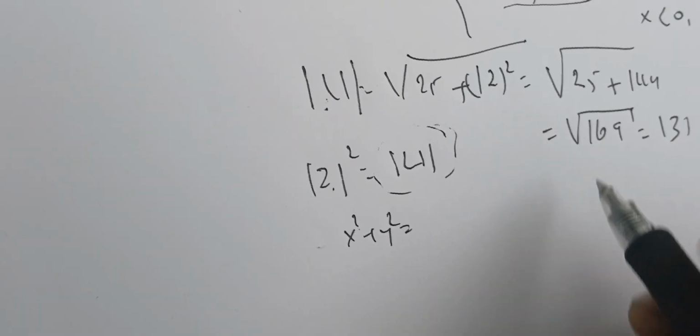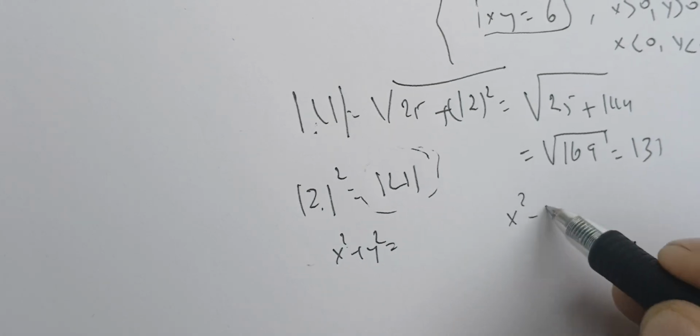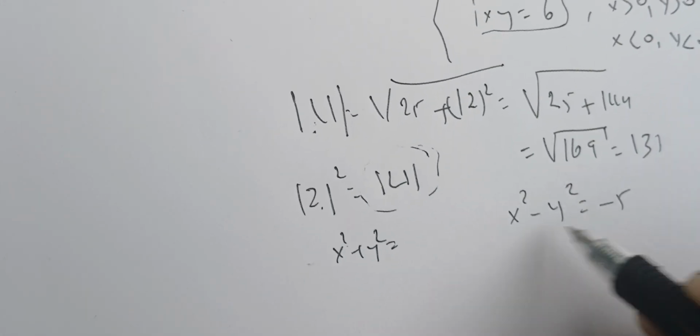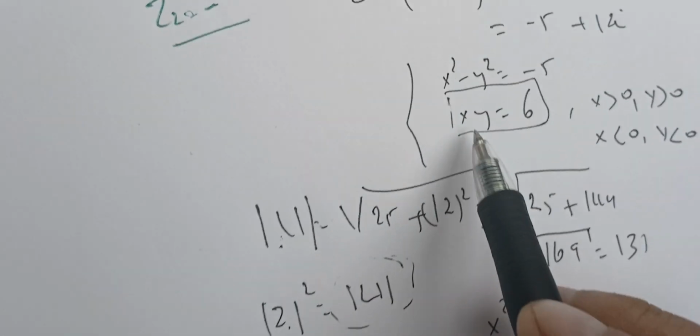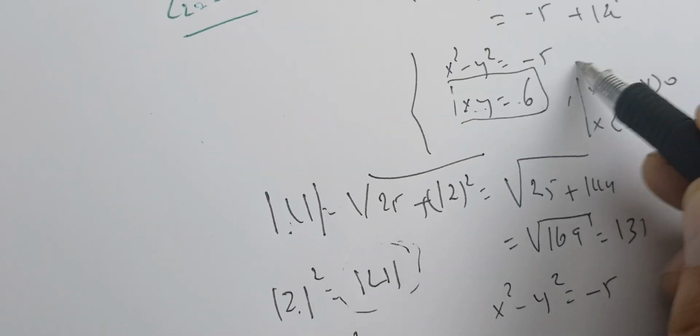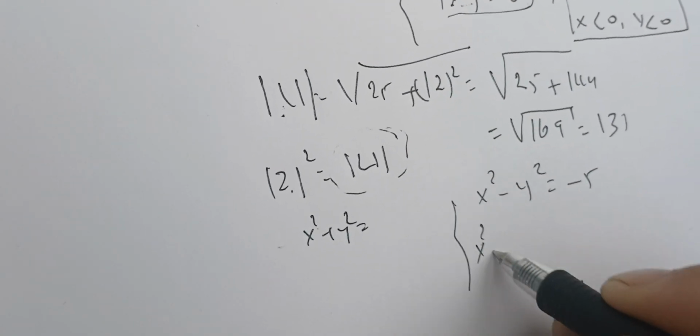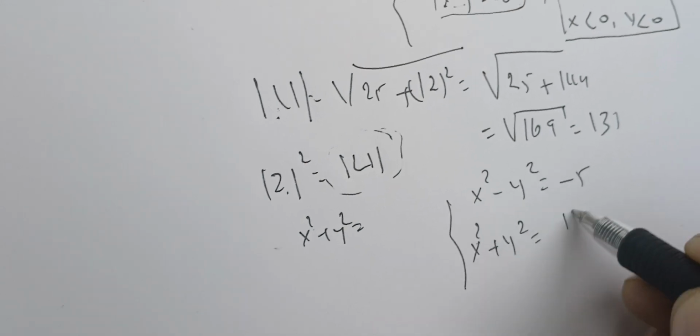So I'm going to add this to the conditions. I have x squared minus y squared is minus 5. The condition xy is 6 I'm not going to use here; I used it to get the sign conditions. I'm going to use the second condition, x squared plus y squared is 13.